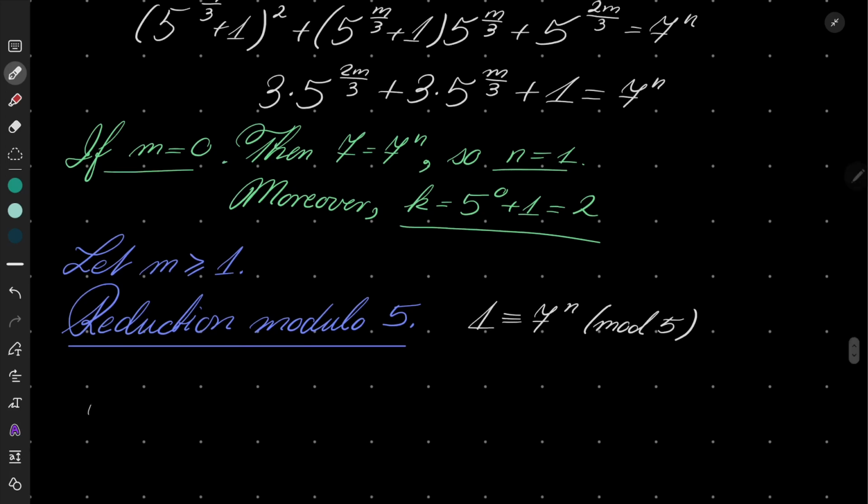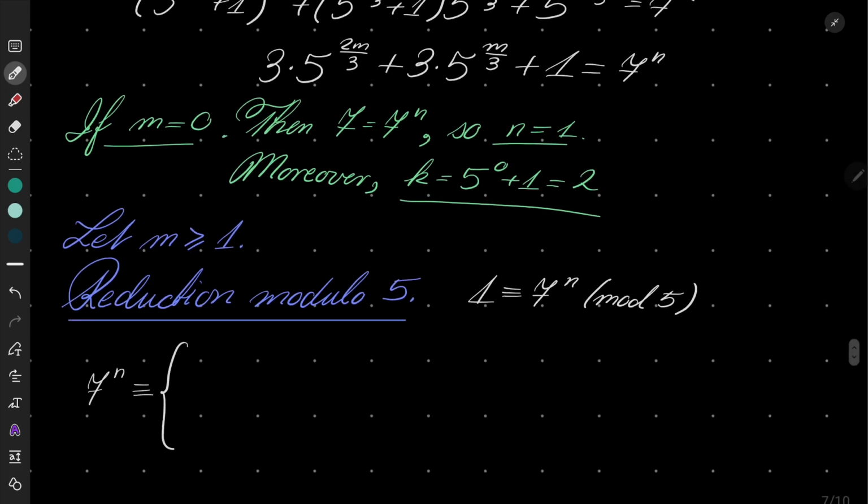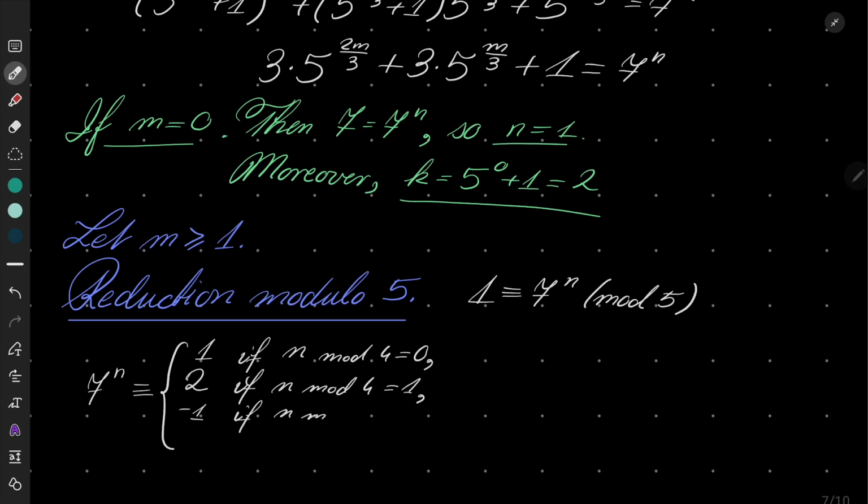We can write it manually. 7 to the power of n is congruent to 1 if n modulo 4 equals 0, it will be congruent to 2 if n modulo 4 equals 1, or it can be congruent to -1 if n modulo 4 equals 2, or it can be congruent to -2 if n modulo 4 equals 3.